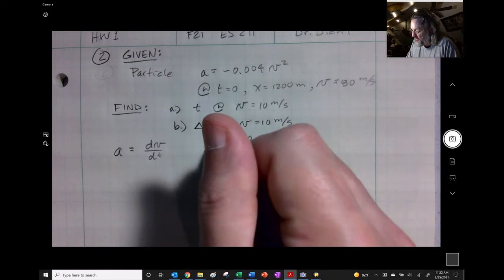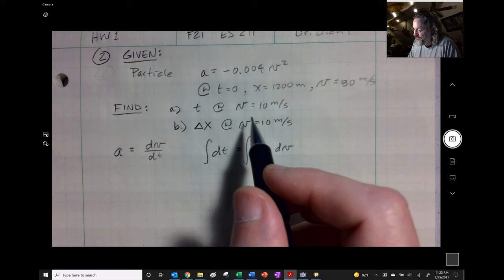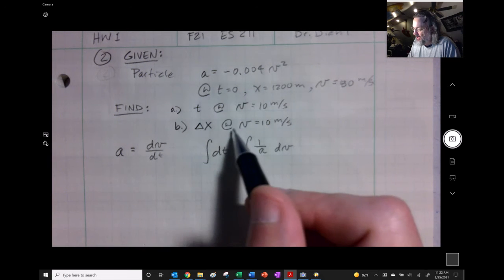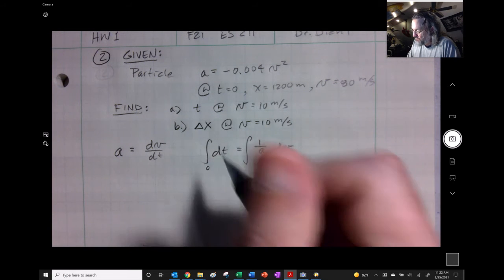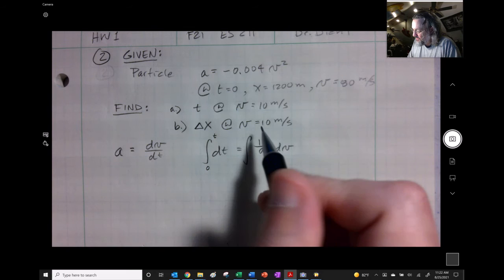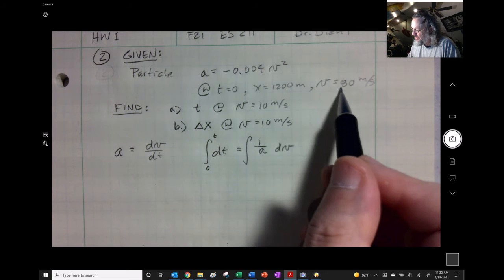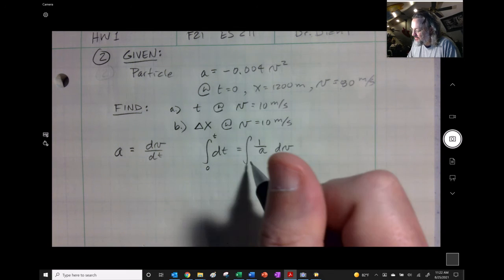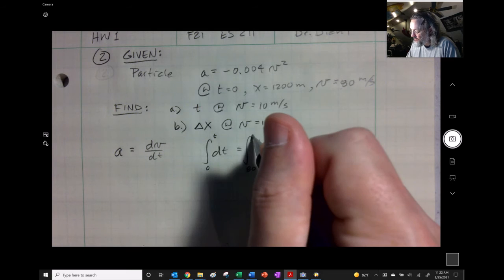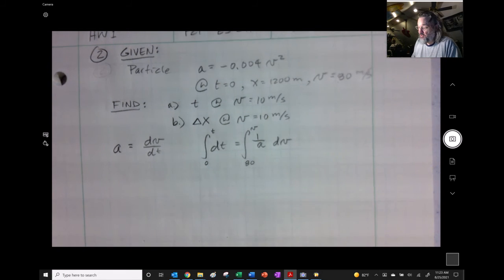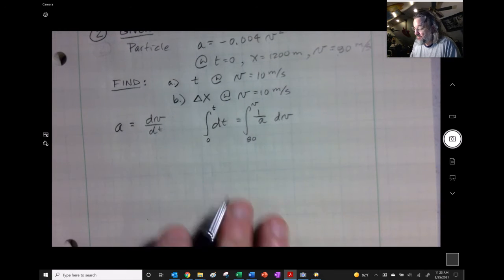And we can integrate those. We're going to start at 0 and go to t, and start at 80 in the velocity and go to v, and that's going to give us a new function that describes the motion.